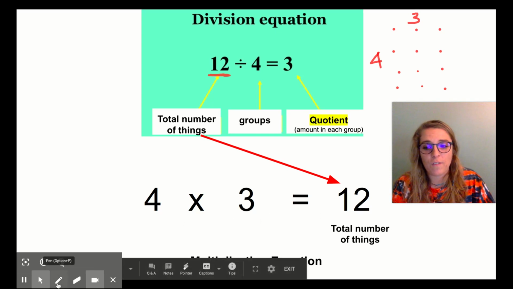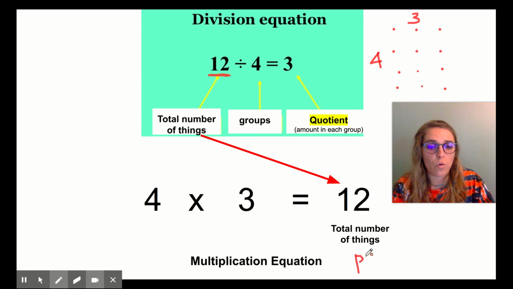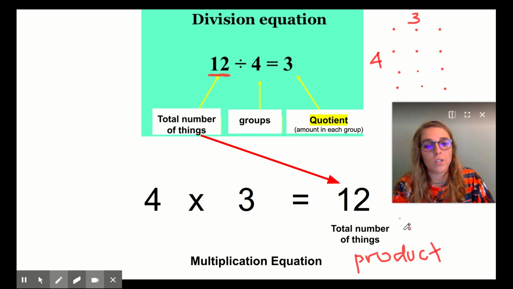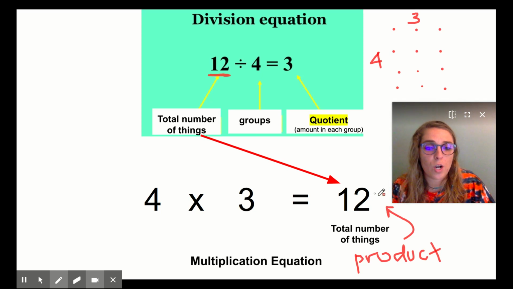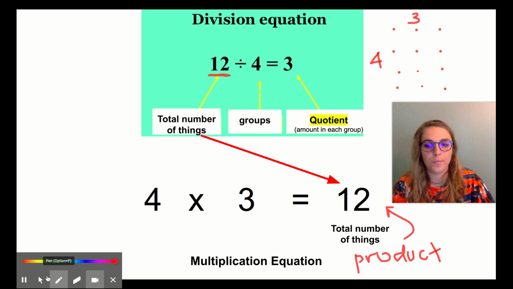Product is just a really fancy word for the answer to a multiplication equation, or the total amount of things. I'll write it below. It's kind of sloppy because it's hard to write on here, but we're trying. So this is also called our product. That becomes our end number when we translate our division equation into a multiplication equation.